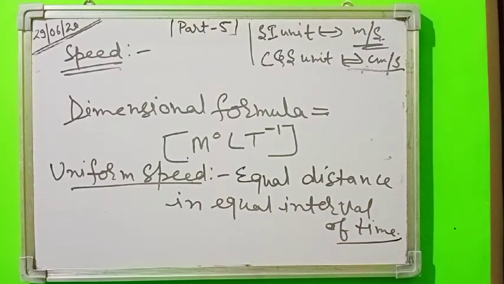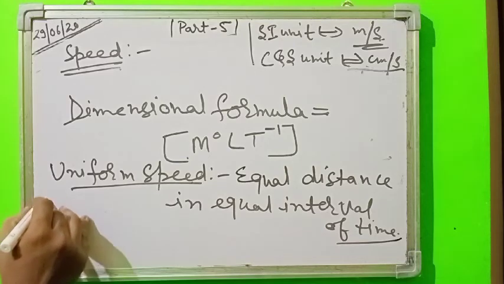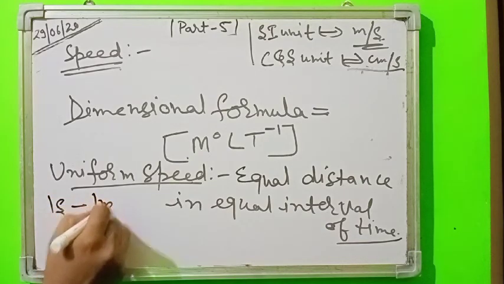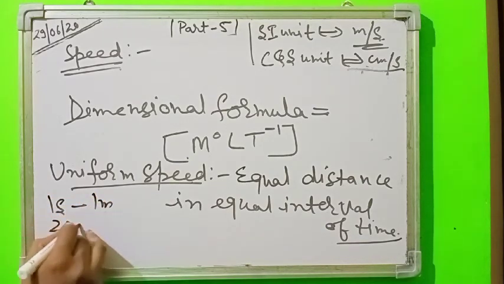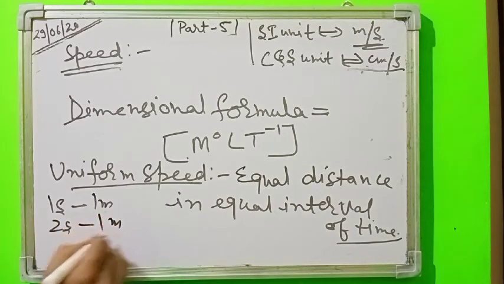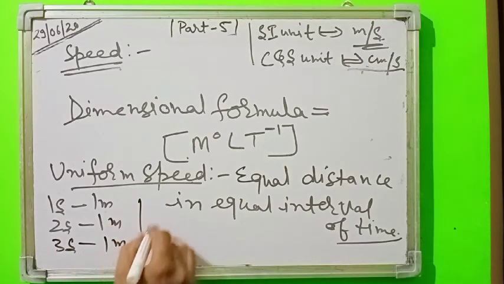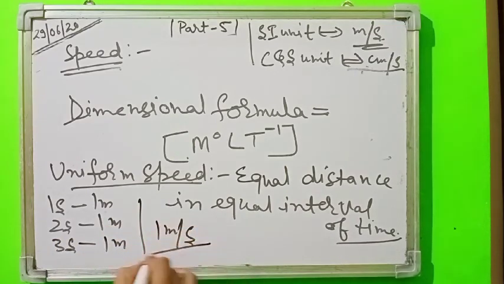Equal distance in equal interval of time means first second 1 meter, second second 1 meter, third second 1 meter, meaning its speed is 1 meter per second.